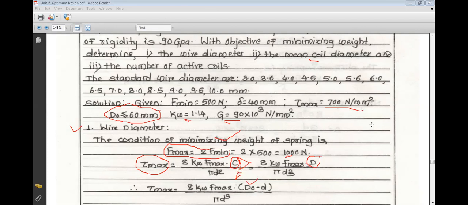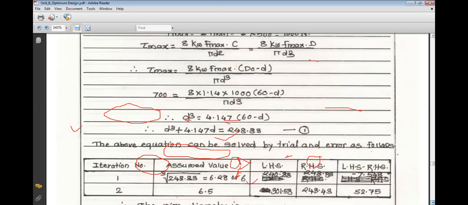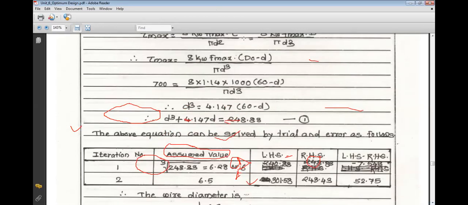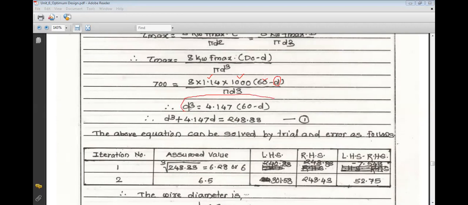If we put in all the values, that is maximum stress 700, 8 KW as 1.54, maximum force 1000, DO as 60, and since we do not have the value of d, then pi d cube. From that, if we simplify, we get d cube equals 4.147 into (60 minus d).